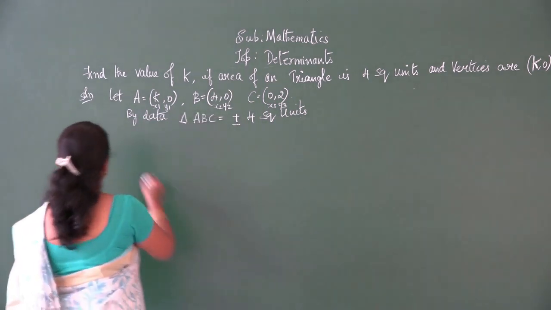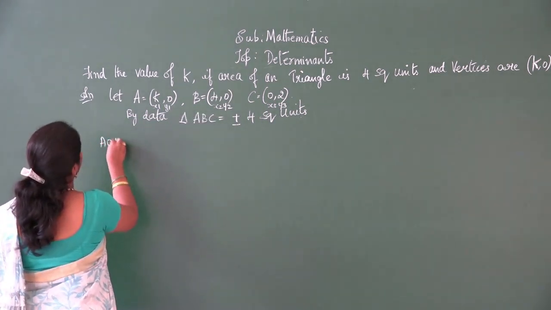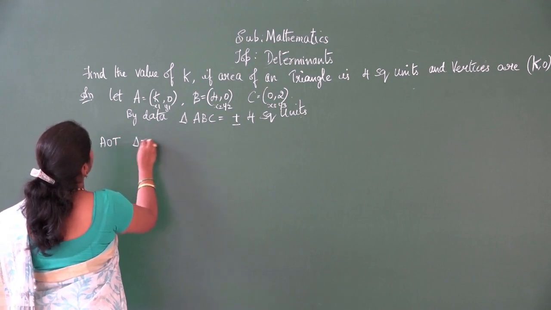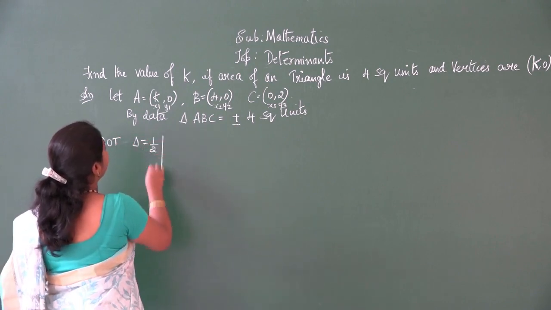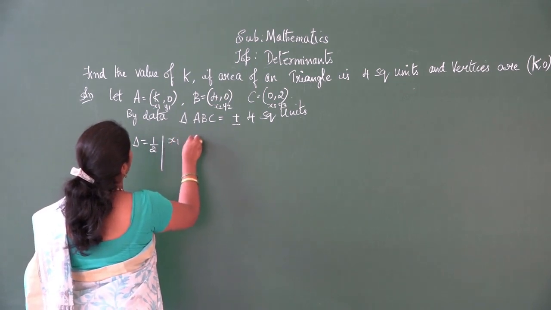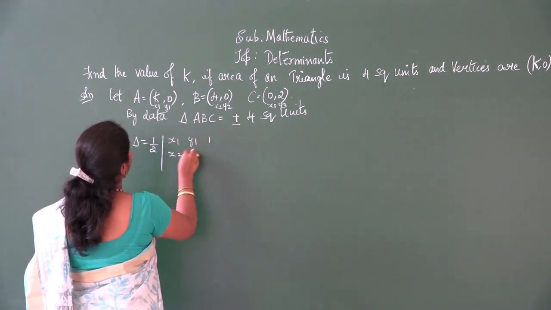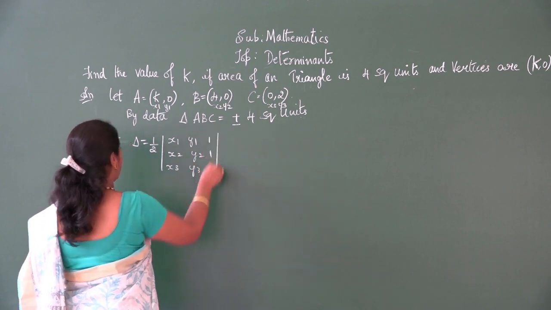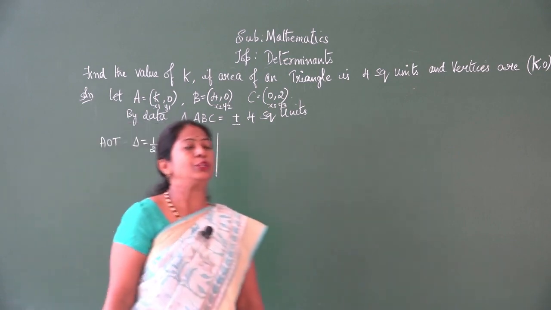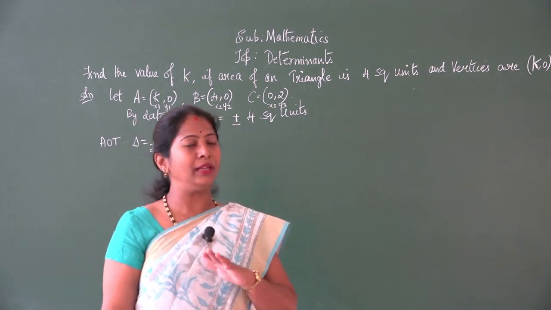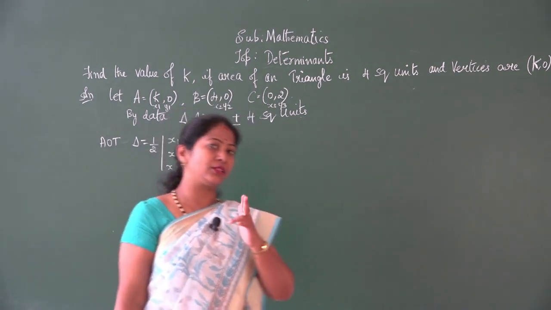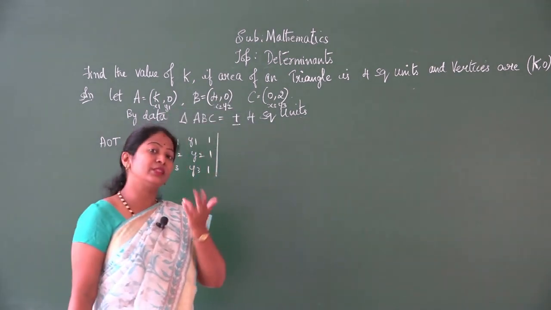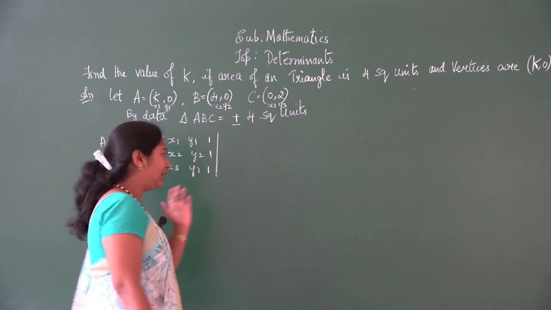What is area of a triangle given by? Area of a triangle is given by delta is equal to half into determinant of x1, y1, 1, x2, y2, 1, x3, y3, 1. Here we shall substitute the value of x1, y1, 1, x2, y2 and x3, y3, and we shall associate the sign for a 3 cross 3 determinant.